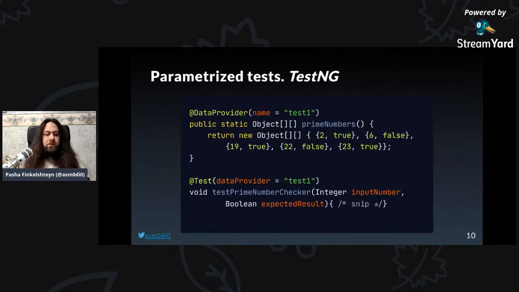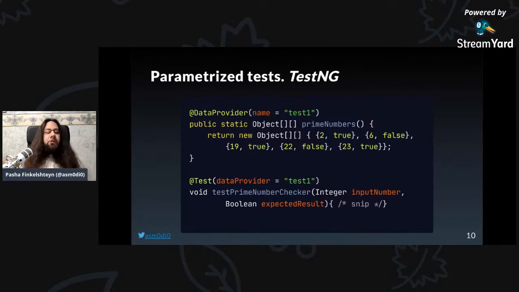For example, here is the example of a TestNG parameterized test. Basically, that's why people have used TestNG for years, because it had a built-in concept of parameterized tests. But the notation is ugly. It's really ugly. It's like a two-dimensional array of objects. It's not even typed. There are like 2, true, 6, false.